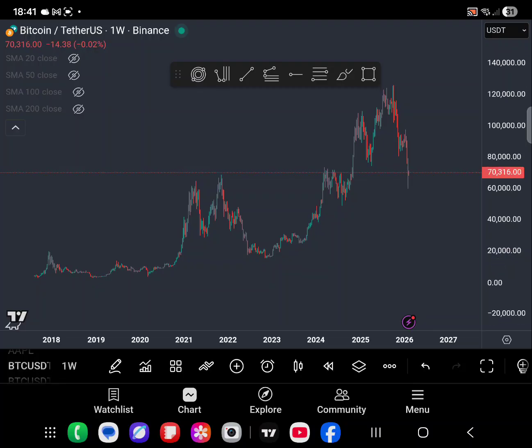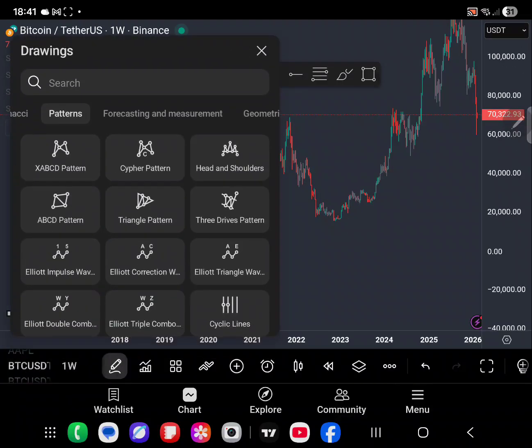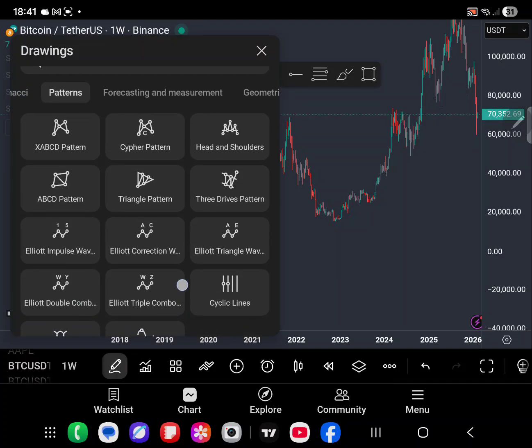So what's my count on this? Well, the thing about corrections is that you get ABC. ABC is a simple correction, right? So here's a simple ABC Elliott wave correction. But what else do we get?